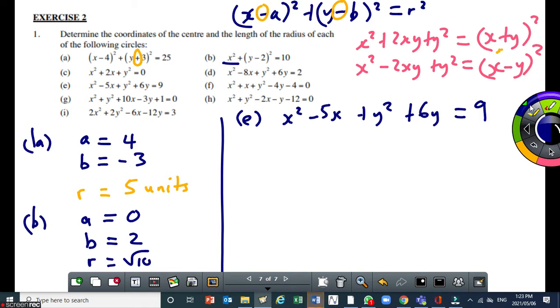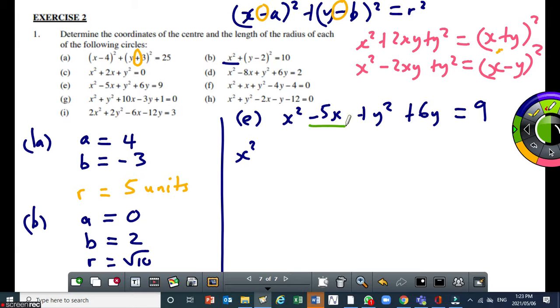So we need to create a trinomial here in terms of x, another trinomial there in terms of what? Of y. So to do that, all we have to do is look at the coefficient of x there. It's negative 5. What's half of negative 5? Negative 2.5, or negative 5 over 2.